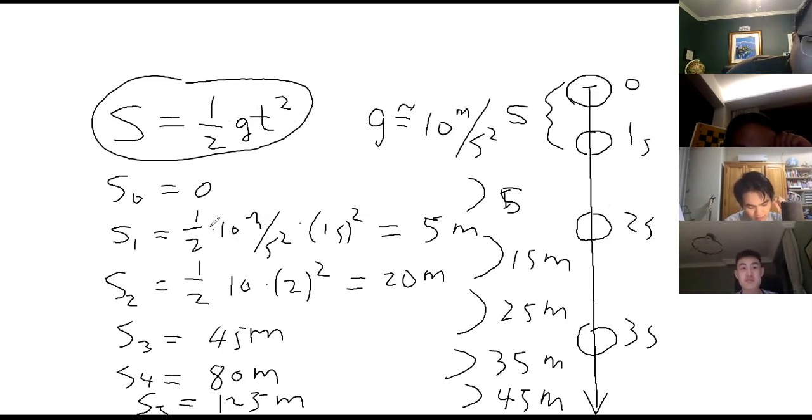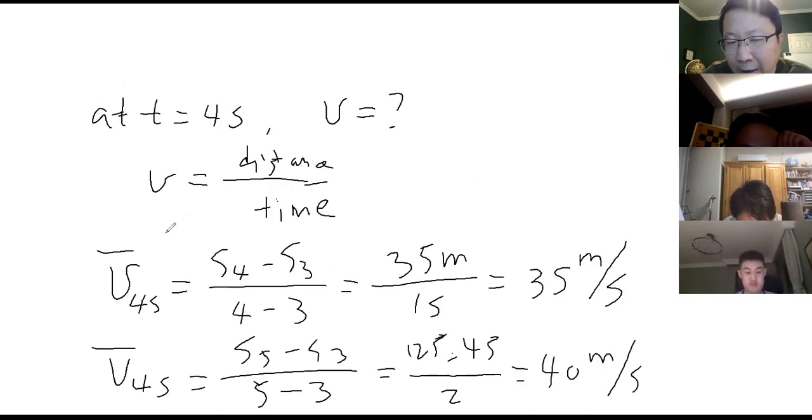So we go over to calculate what distance is traveled at 1 second, 2 seconds, 3 seconds, 4 seconds. From here, we calculate average speed. For example, at 4 seconds, how do I know the speed, the velocity? I can use 4 seconds minus 3 seconds.